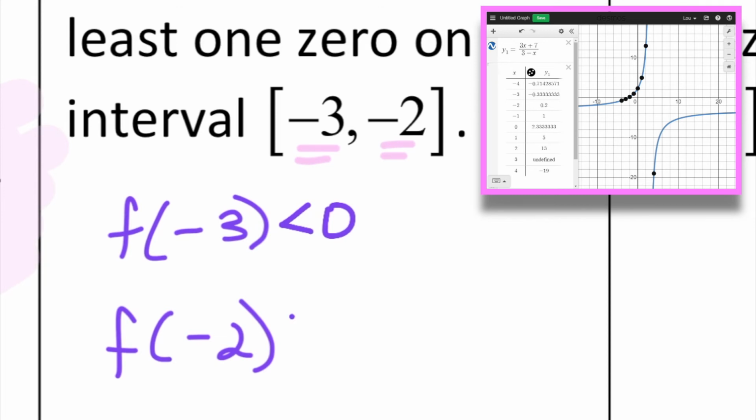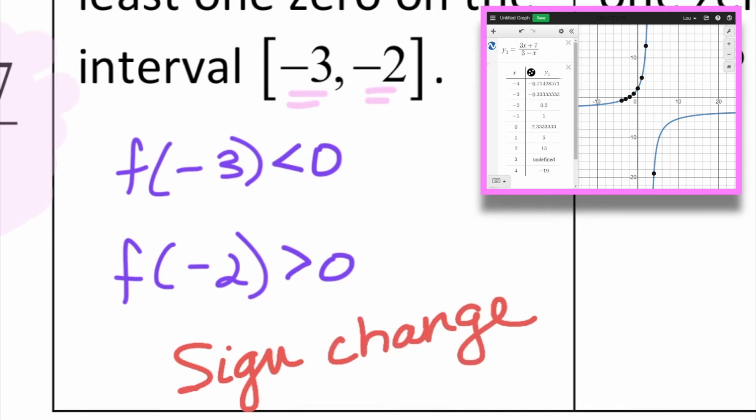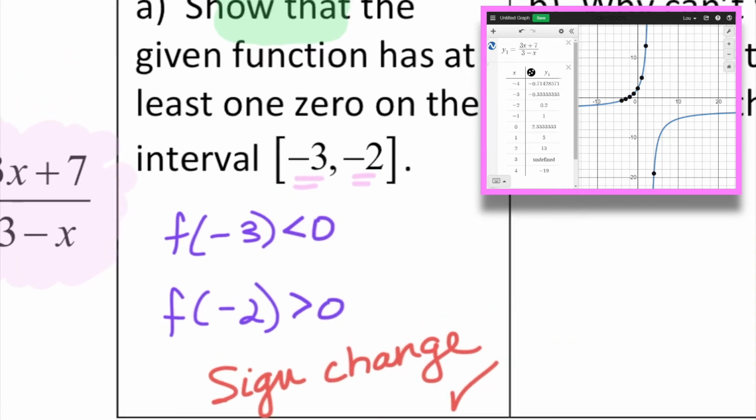That's a positive number, so f of -2 is positive. And since one is positive and one is negative, I have what we call a sign change. If there's a sign change, then on one side of a solution, the graph is negative. It has to cross through the x-axis in order to become positive, and on the other side of this solution, the graph is positive. Therefore, there has to be at least one solution between -3 and -2. Done. Proven.